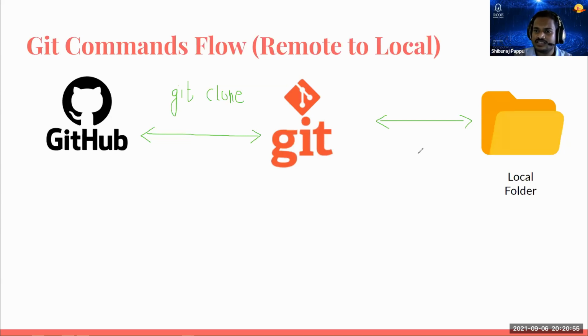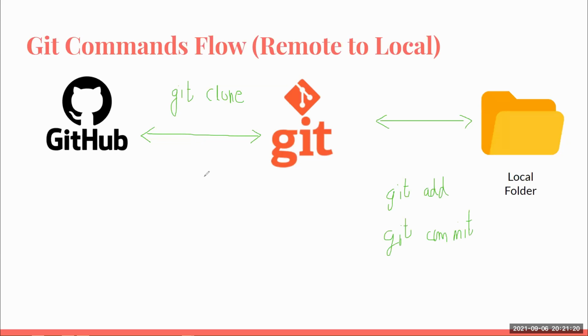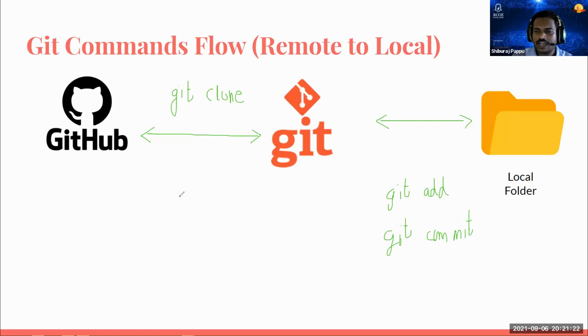So if you want to save changes from local computer to Git, you have to do git add and then git commit. So from local to Git, you have to do git add and git commit. From Git to GitHub, you have to do push and pull.